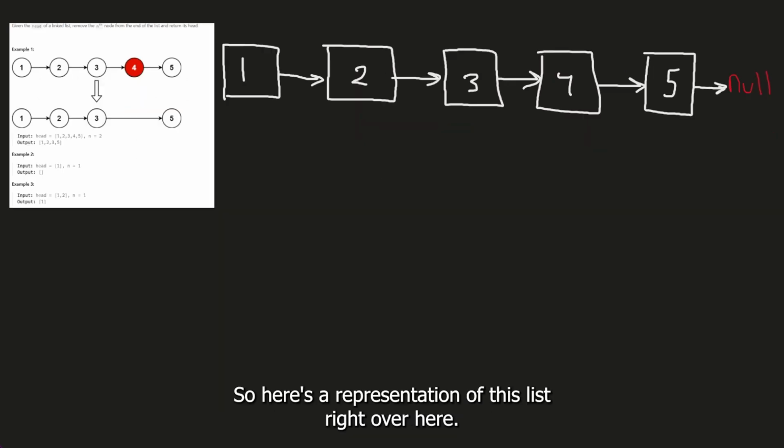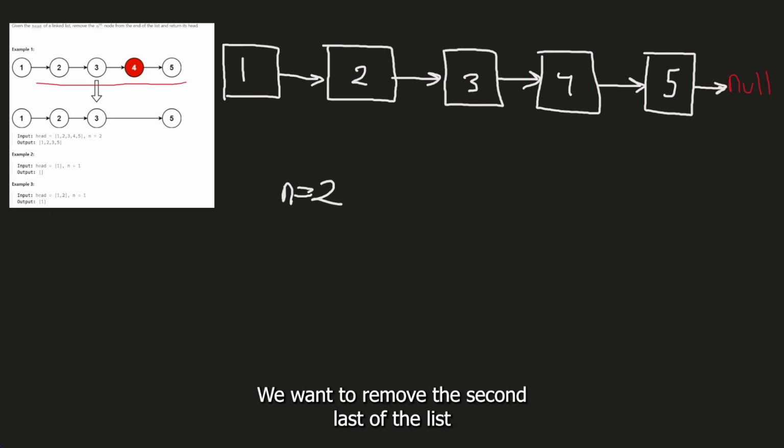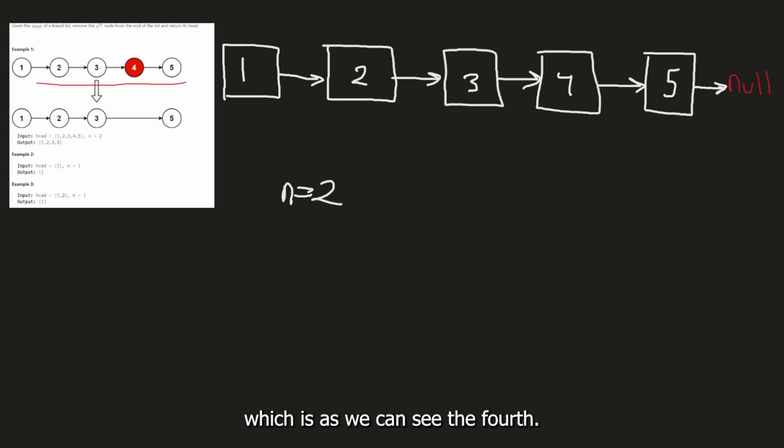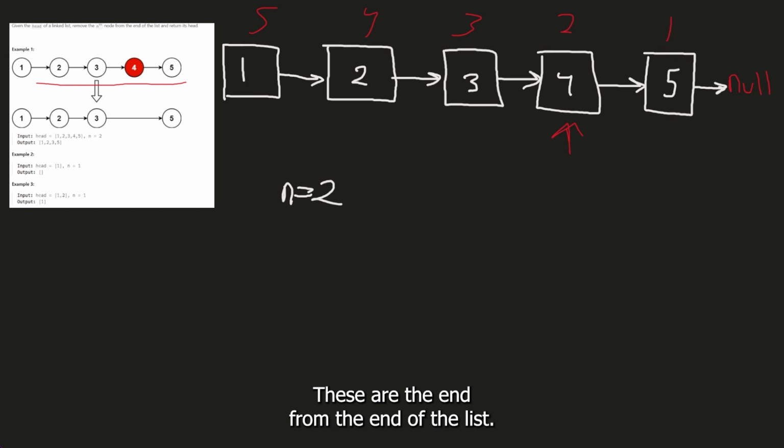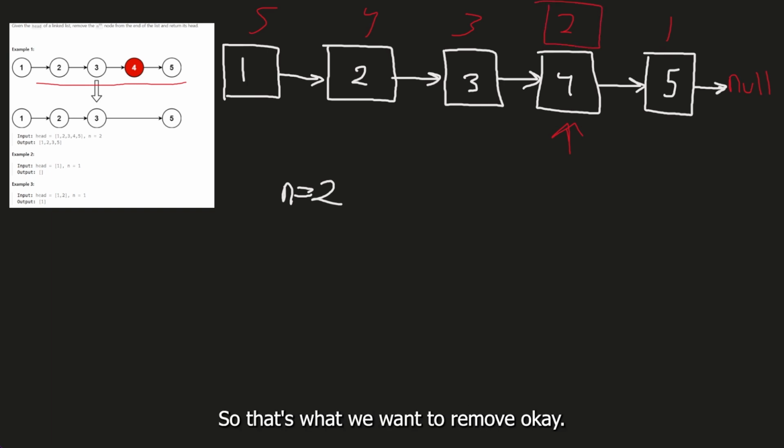Okay, so here's a representation of this list right over here. We want to remove the second last of the list, which is, as we can see, the fourth. So we have 1, 2, 3, 4, 5. These are the nth from the end of the list. And we can see that n equals 2 over here, so that's what we want to remove.